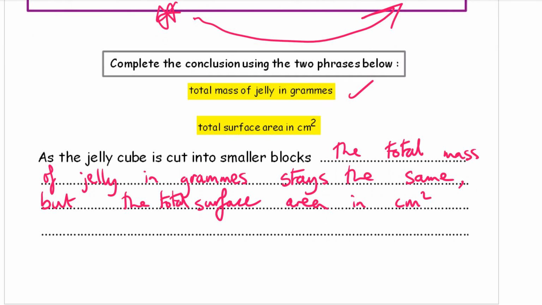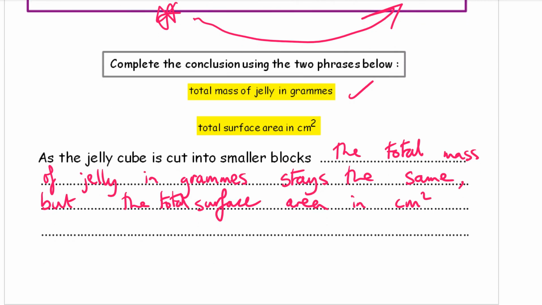So, as the jelly cube is cut into smaller blocks, the total mass of jelly in grams stays the same, but the total surface area in centimeters squared increases. And that will be the end of this lesson today. Well done.